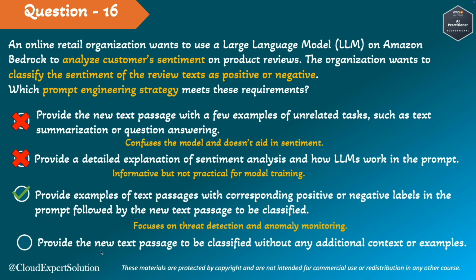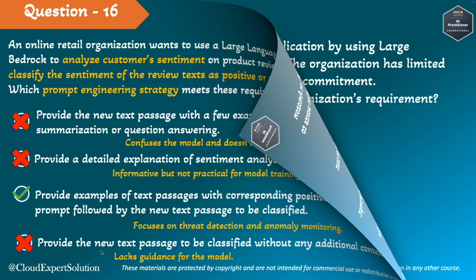Provide the new text passage to be classified without any additional context or example. This approach lacks guidance for the model, hence, the model will not be able to predict the positive and the negative sentiment properly. That is why this is also not a correct option, and that leads to option number 3: provide examples of text passages with corresponding positive or negative labels in the prompt followed by the new text passages to be classified is the correct answer.